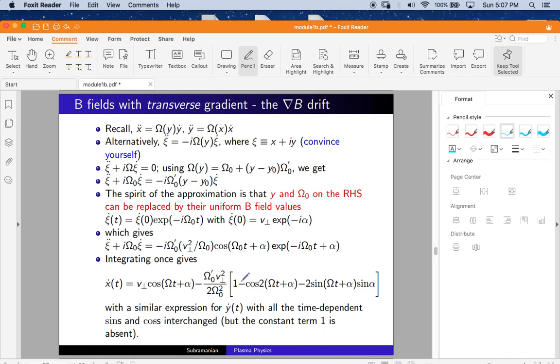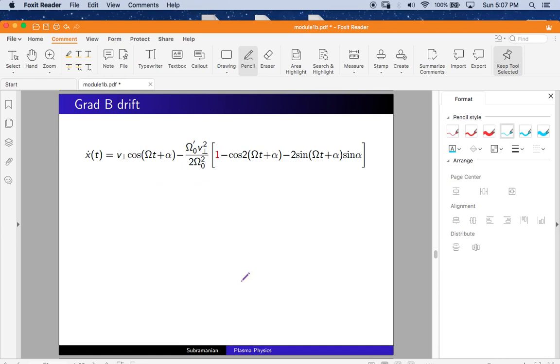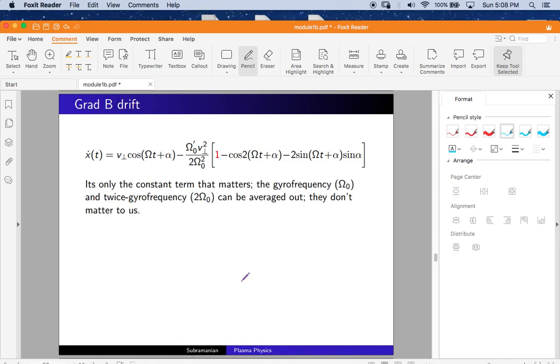Okay, all right. So fine. What about it? Just to recall the expression there. Now, in the spirit of the slowly varying drift, in the spirit of this kind of slowly varying gradient of B, and really in the spirit of the expansion of this, we can average over the gyrofrequency term. In other words, the gyrofrequency drift is a fast time scale.